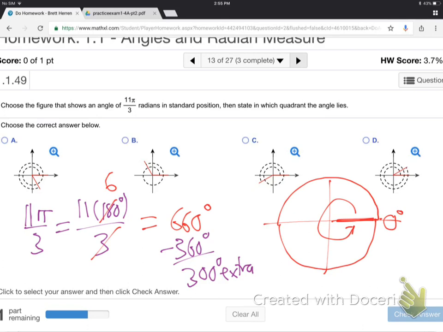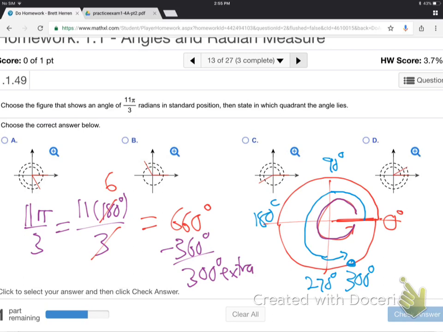Yeah. So I'm saying you go all the way around 360, and then you keep on going beyond that, 300 more degrees, which is how much is 300? Well, this is 90. This is 180, 270, and a little further, right about here. 300 more after a full circle 360.